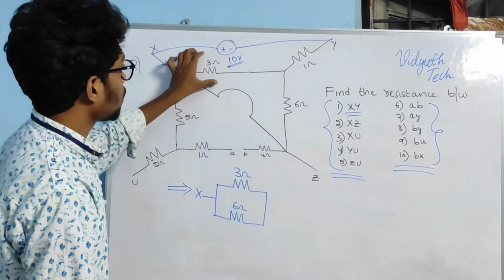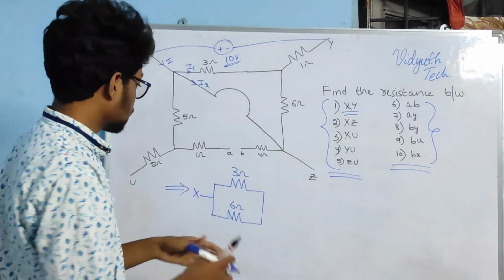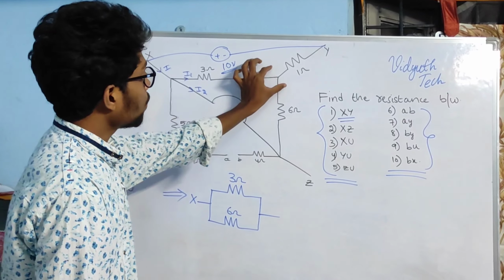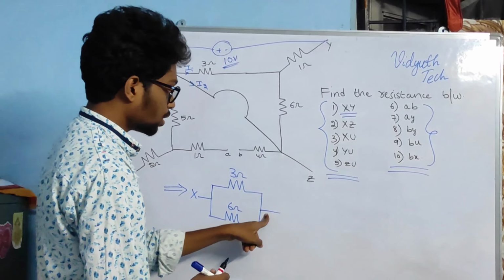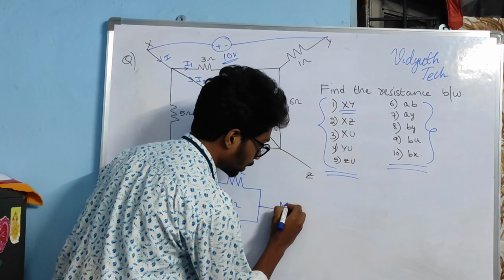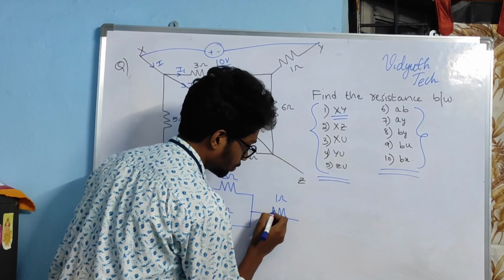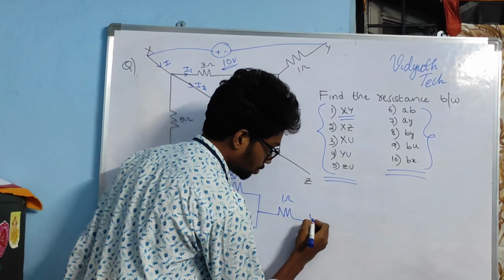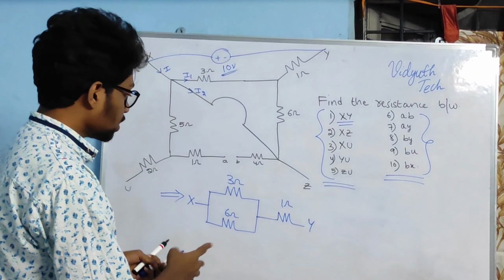The other terminals of 3 ohms and 6 ohms are connected together, I am connecting them over here. The first terminal of 1 ohm is connected to the common terminal of 3 ohms and 6 ohms. So I am connecting 1 ohm over here. Here you can see the Y terminal.